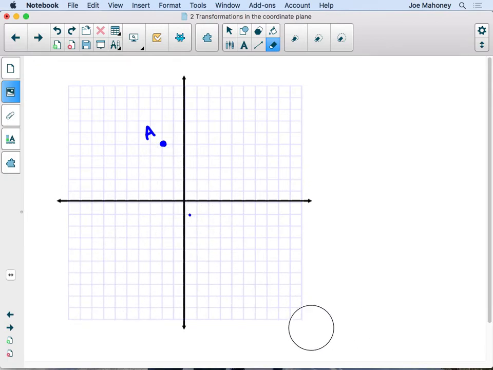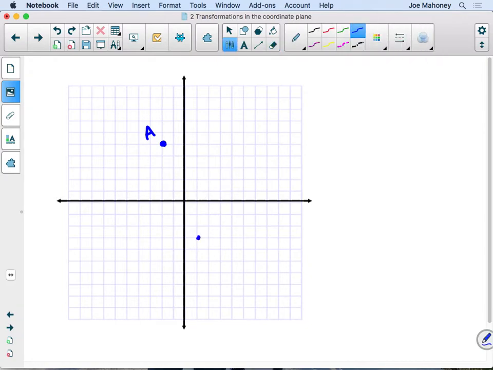Here's how I like to figure that out. So let's see, my point was at 1, -3 down here. So how do I get from A to C? It looks like I'm going to go down 1, 2, 3, 4, 5, 6, 7, 8, and then over 1, 2, 3. So what I'm going to do is go in the opposite direction.